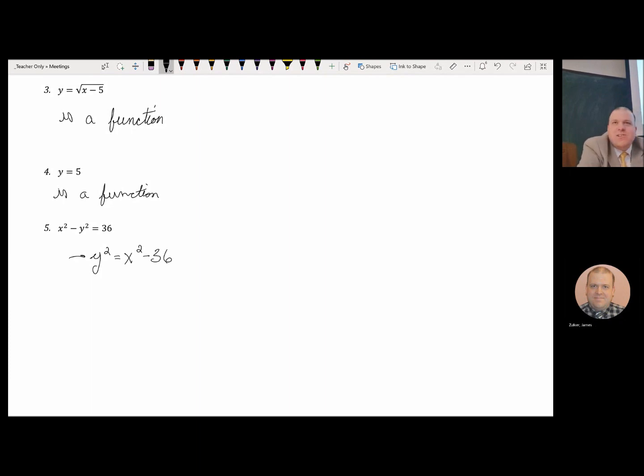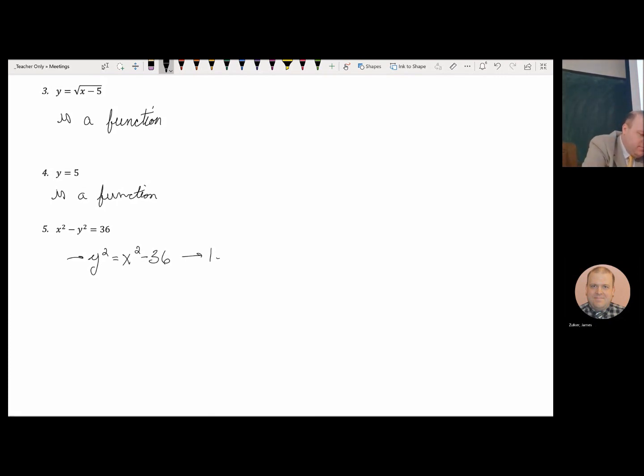Add y squared, subtract 36 on both sides. Take the square root. Absolute value of y is then the square root of x squared minus 36.